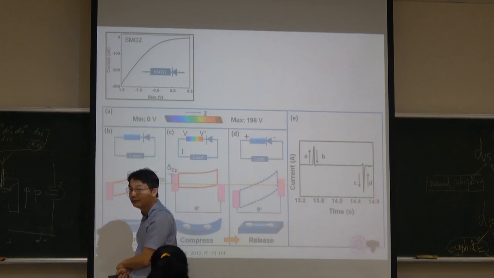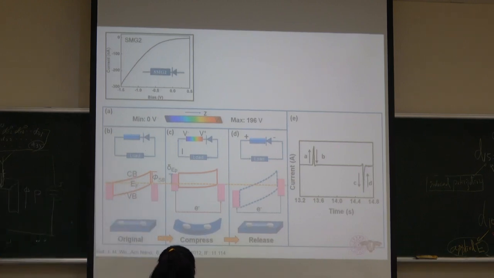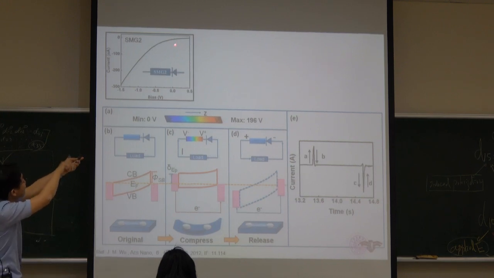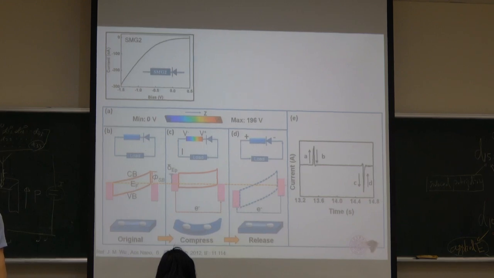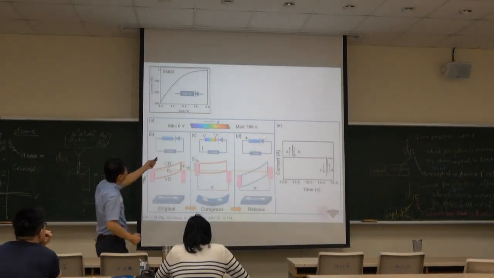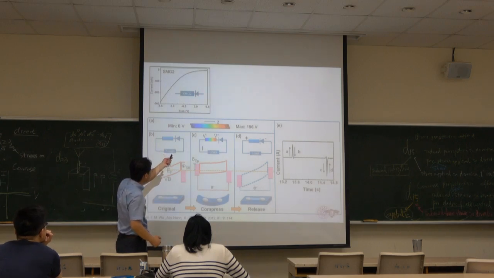It's only one side. This curve looks like that, right? This is 0, and here is 0. So this side, right-hand side, from the 0 to the right-hand side, is almost ohmic contact. So we don't need to consider the ohmic contact. I just consider one side Schottky behavior.